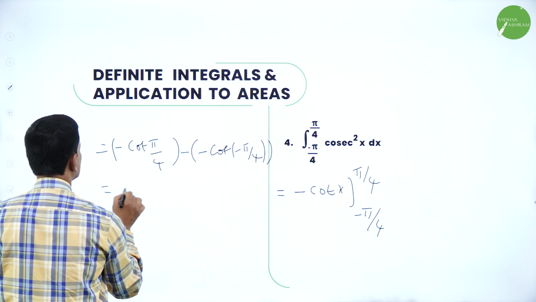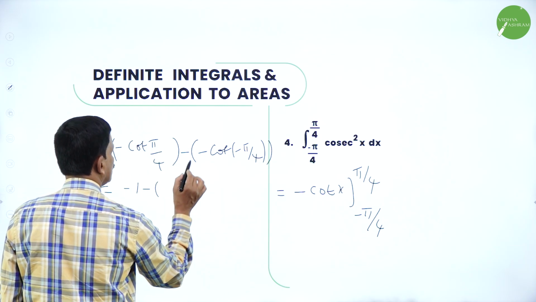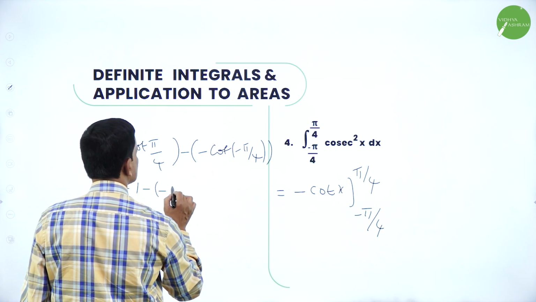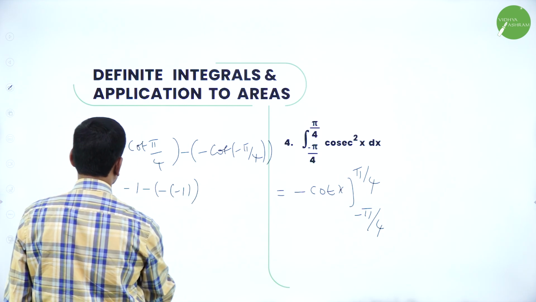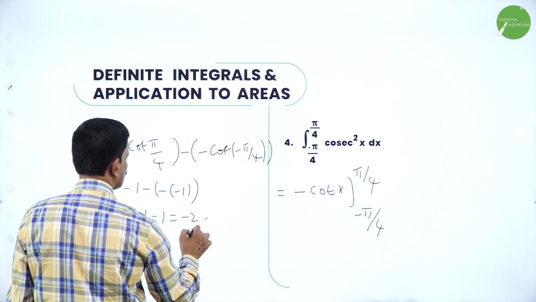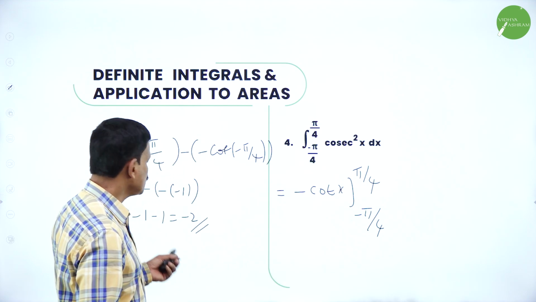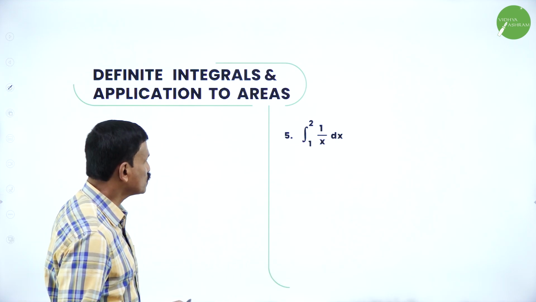What is cot 45? Cot 45 is 1, so minus 1, and again minus of minus cot 45 is minus 1. So this is minus 1 minus 1, that's equal to minus 2, which is the integrated answer. Okay. So the integrated answer is minus 2. Now move on to the next problem.